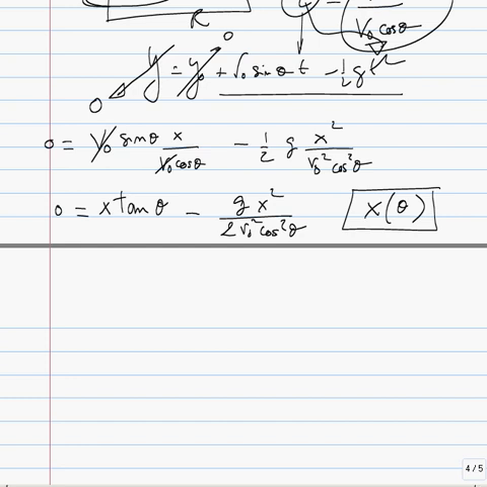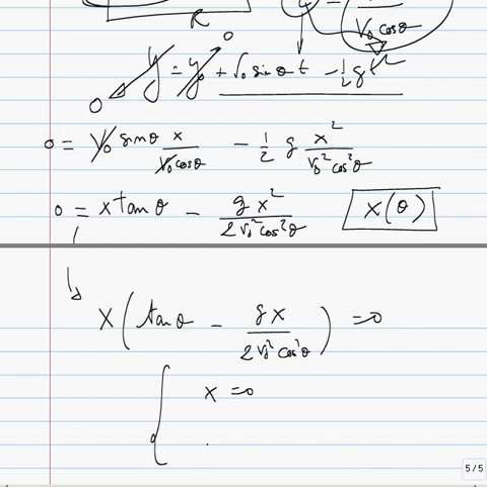Let's solve for x, so let's have all the possibilities of x. If I solve for x here, I actually get two solutions. If I factorize x, I get x times tangent theta minus g x over 2 v naught squared cosine squared equal to 0.